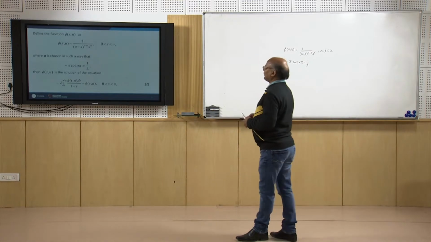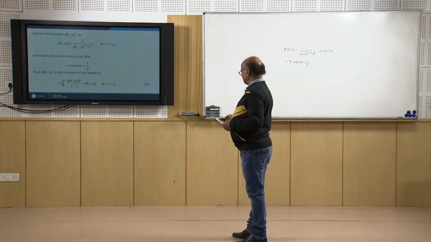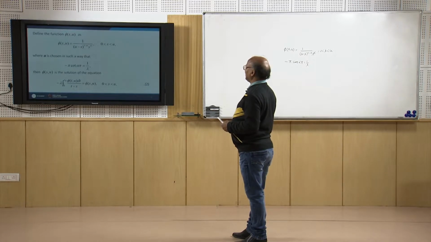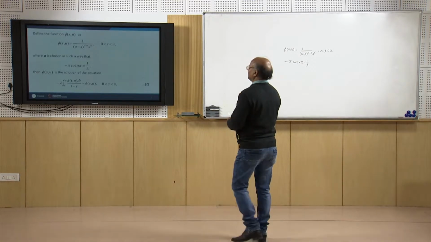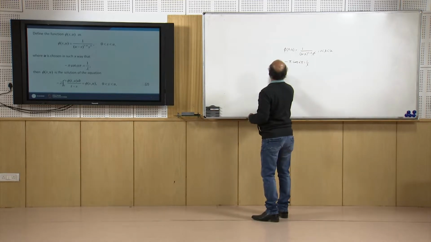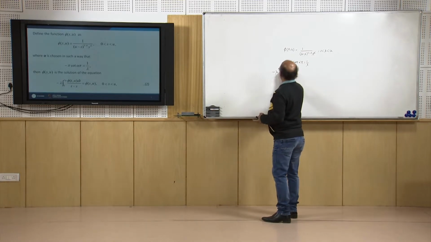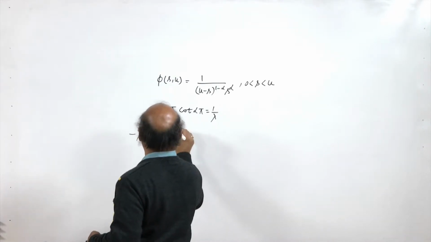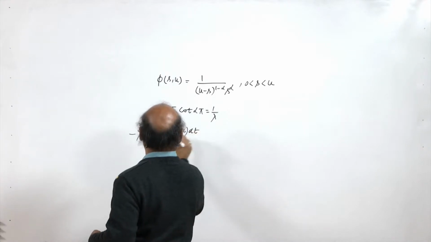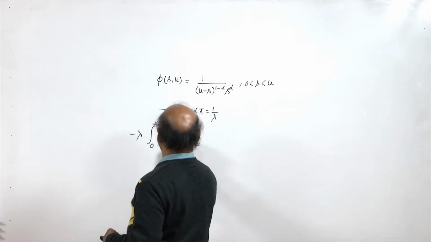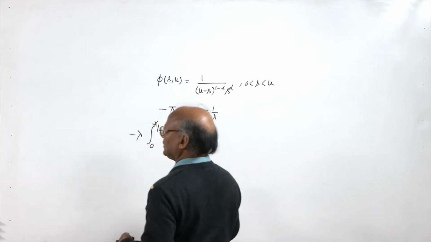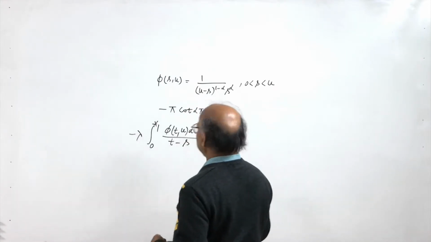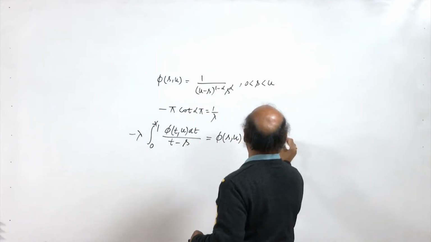Now then phi(s,u) is the solution of this equation: minus pi integral 0 to u phi(t,u) dt upon t minus s equals phi(s,u). So minus lambda integral 0 to u phi(t,u) dt over t minus s equals phi(s,u), for 0 less than s less than u.